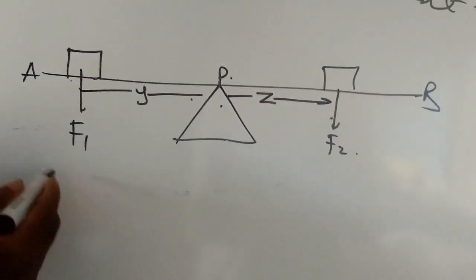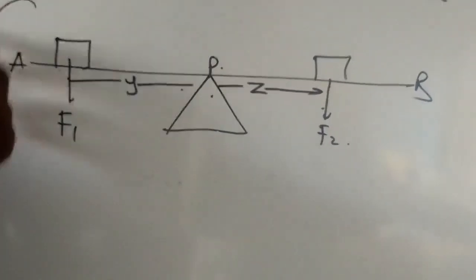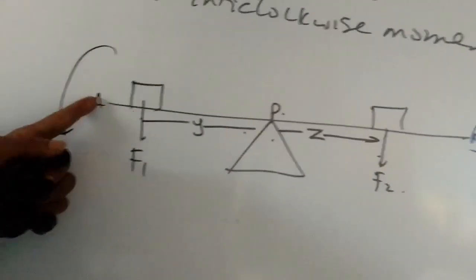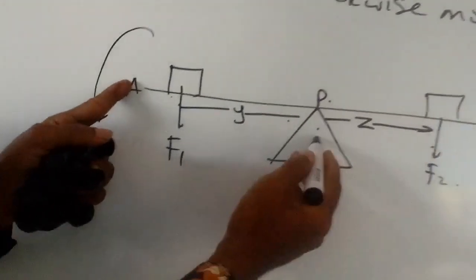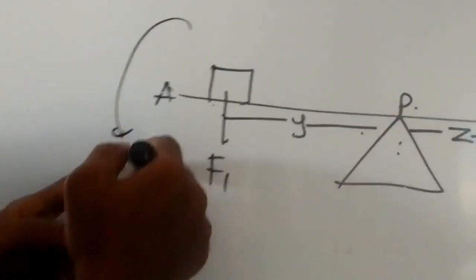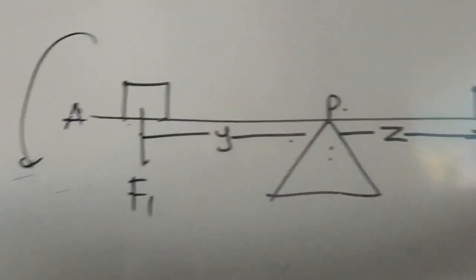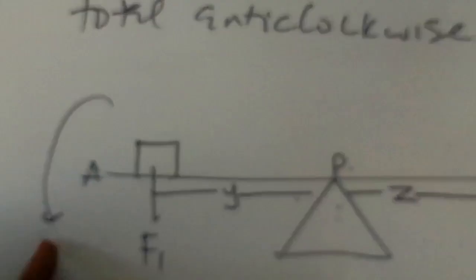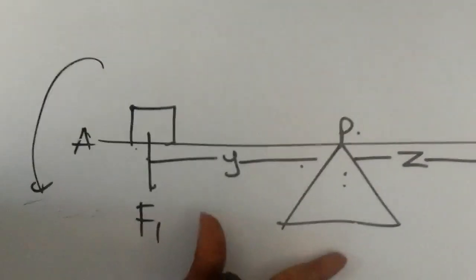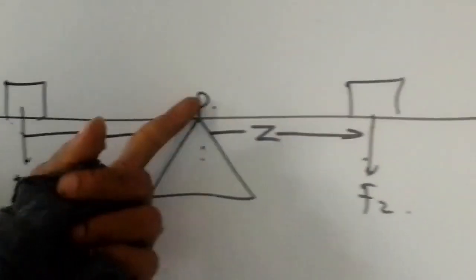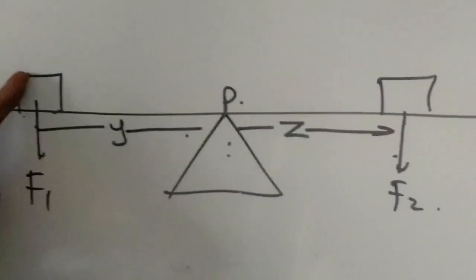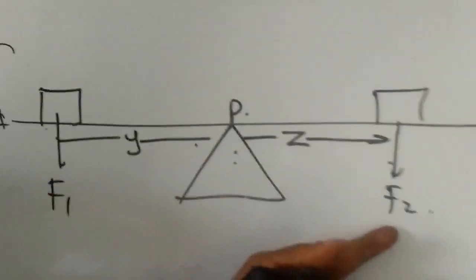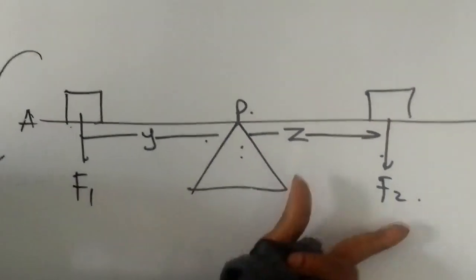So if the body is meant to rotate in this direction, about the pivot, if A goes down, then B will go up. So look at this system pivoted at B. There are two forces, F1 and F2, on either side of the pivot.